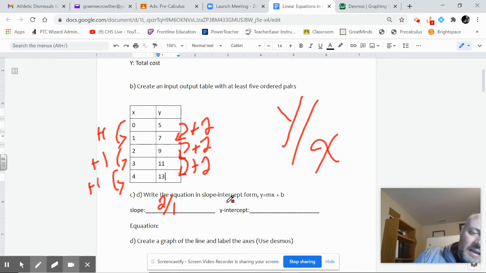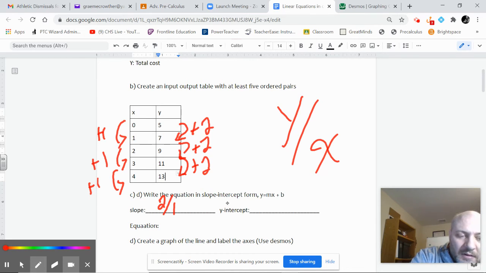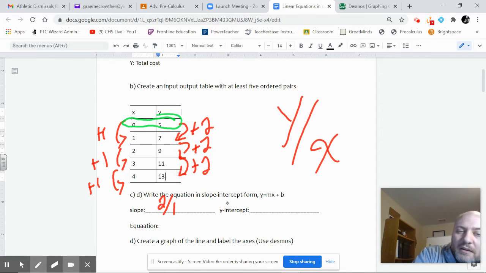My y-intercept, if we remember from the table, is wherever x is 0. So that was where I started. The y-intercept will have a value of 5. I can now write the equation for this line.